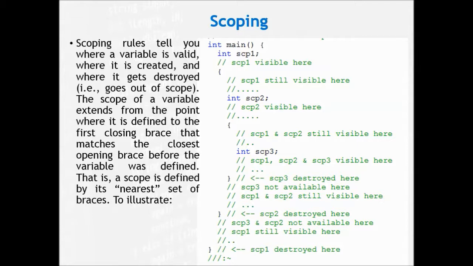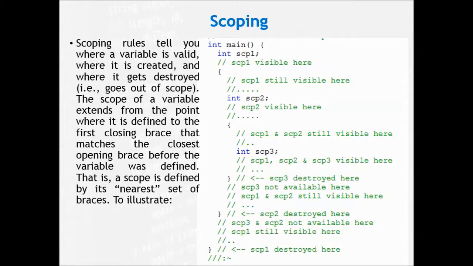When we start our third curly brace, in this curly brace we can also use our previous two variables, scp1 and scp2, and also we use the scp3 variable in this set of curly braces.